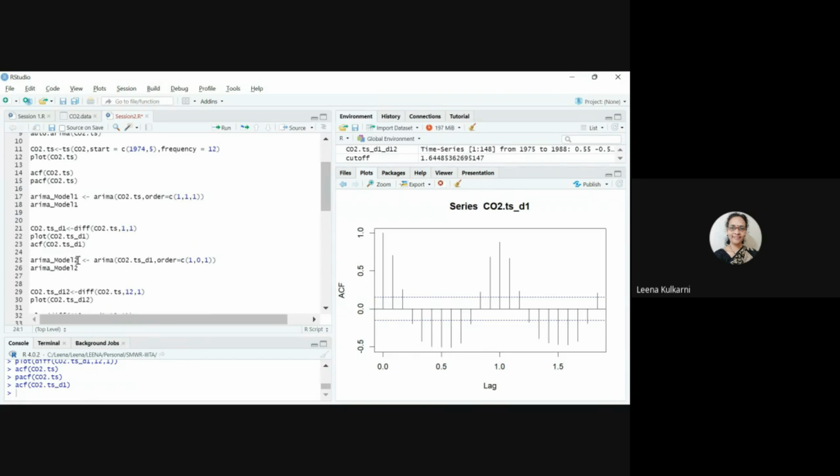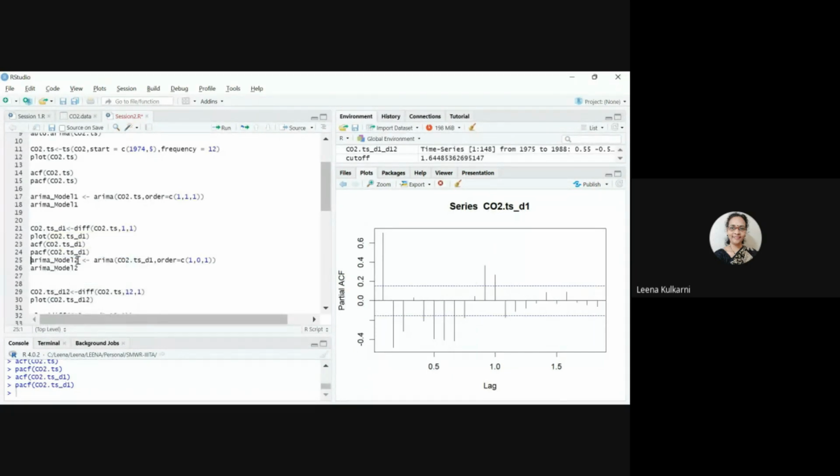And if we look at the partial autocorrelation function, again it is showing some pattern of a sine wave curve in the data set.